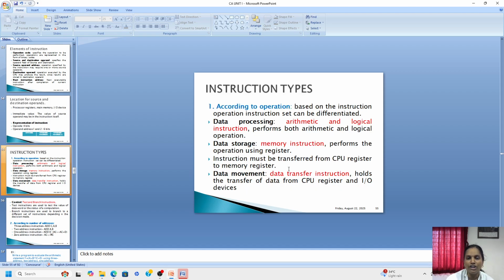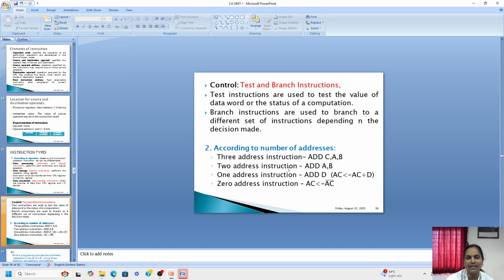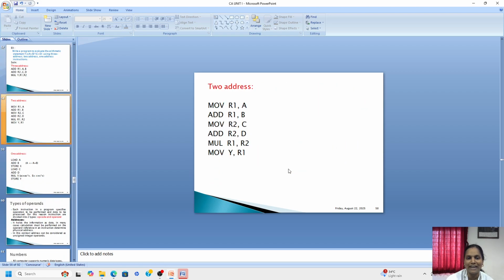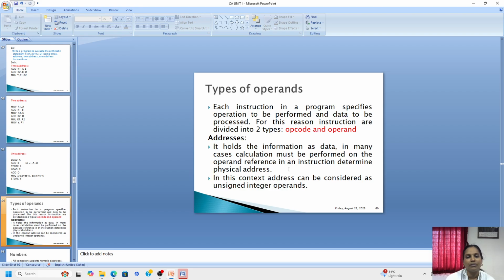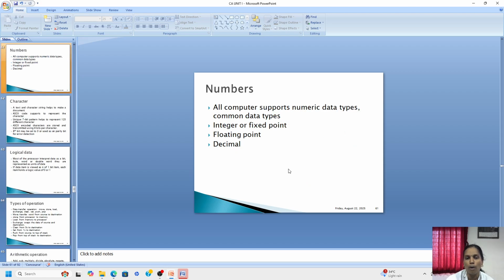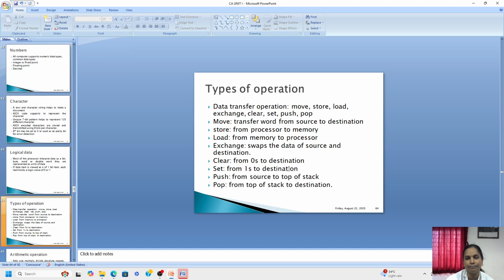Instruction types. According to the operation, they can be categorized into arithmetic and logical instructions, memory instructions, data transfer instructions, and test and branch instructions. The types of operands: each instruction in a program specifies the operation to be performed and the data to be processed, so instructions are divided into opcode and operands.